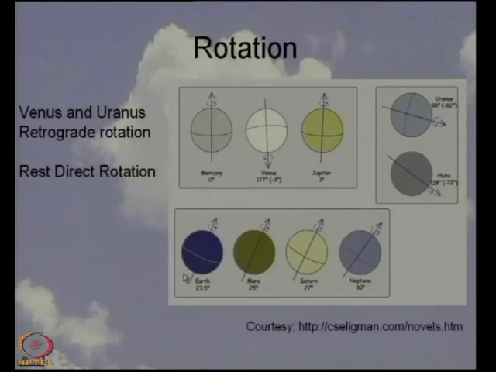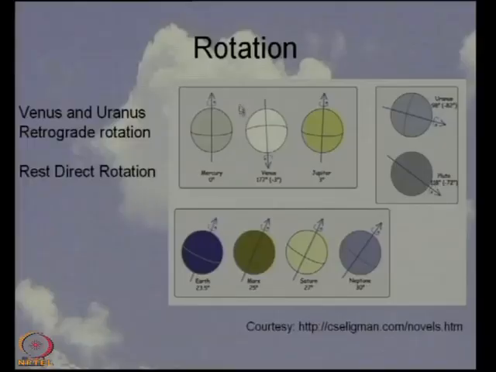The rotation axis of the Earth we have seen is slightly tilted with respect to the vertical of the solar system. You can see it here. Okay. So, it makes an angle of 23.5 degrees, Earth here, it makes an angle of 23.5 degrees.